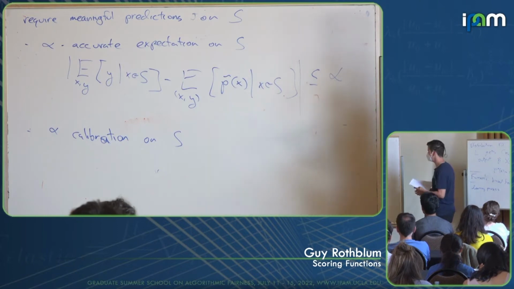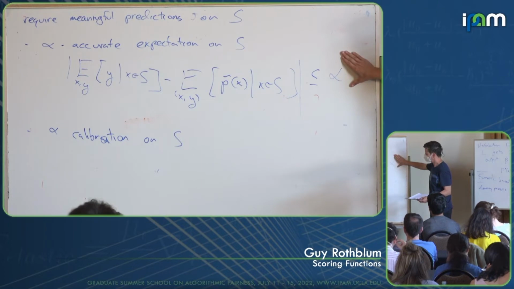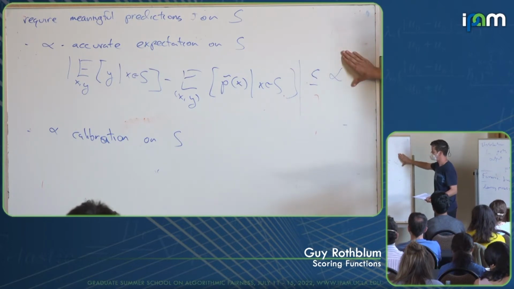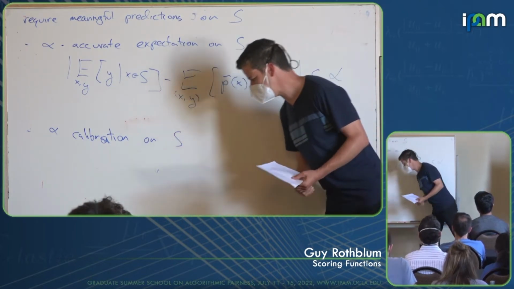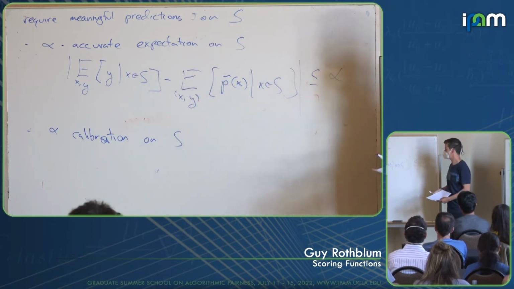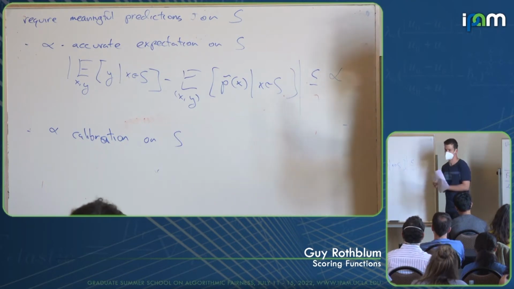Okay, good. So as a starting point, if we don't have an alpha accurate expectation, that's bad. On its own, not very strong. So now the idea is, maybe we want to require it on every subset of S. And this is where intersectionality comes in.